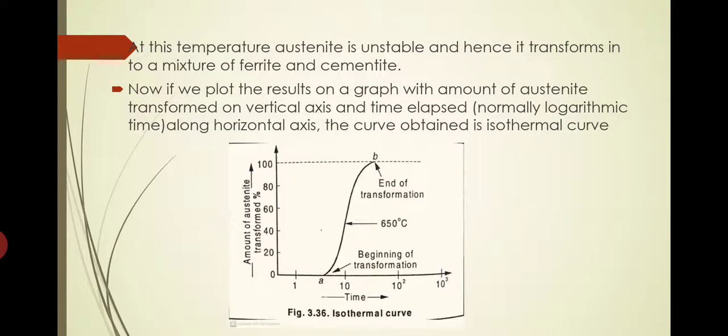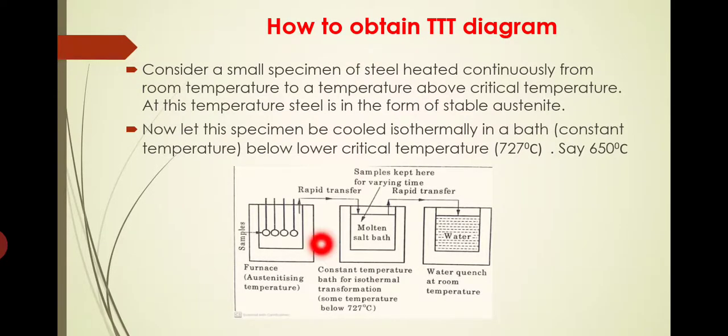I have already told we will be examining all the physical transformations happening through the microscope, and we will analyze the structures. At this temperature, austenite is unstable and hence it transforms into a mixture of ferrite and cementite. As we see, at the initial stage, if the temperature is above the critical temperature, the specimen will have the stable structure, that is austenite.